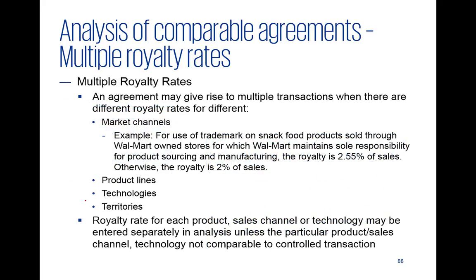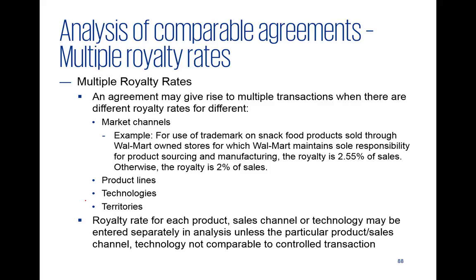So one of the other aspects of a royalty agreement that you may see is that there may be multiple royalties within one agreement. For example, different market channels might have different royalty rates. Say, for example, brick and mortar retail distribution might have a different royalty rate than, say, online sales distribution. Different product lines might have different royalty rates, or technologies might have different royalty rates, or territories.